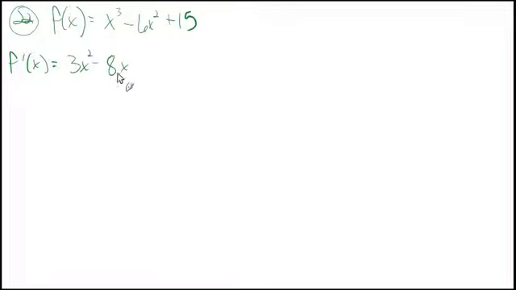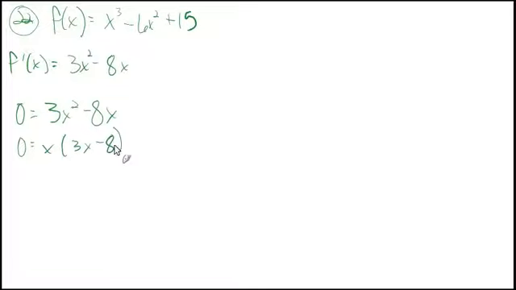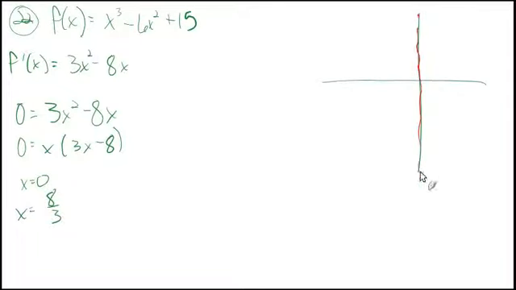Where is the derivative 0 or undefined? It's 0. Well, we're about to find out. Take out an x. So at x equals 0 and x equals 8/3, we have something happening. We have a slope of 0 at x equals 0 and x equals 8/3.